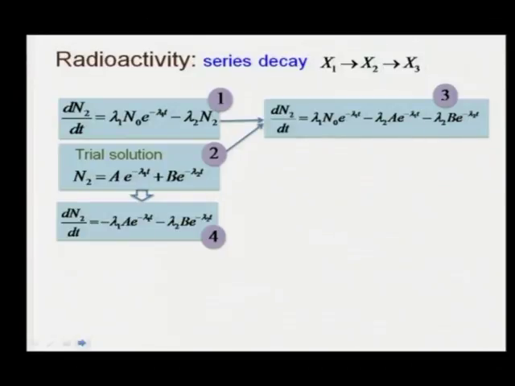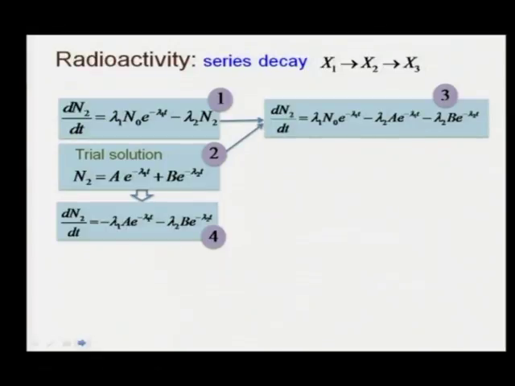Now, equation 3 and 4, the left hand side is the same. We are talking about the rate of change of n2, that is the number of x2 type nuclei at some time t in an interval dt, how many of them will change, the rate of change at some time t.